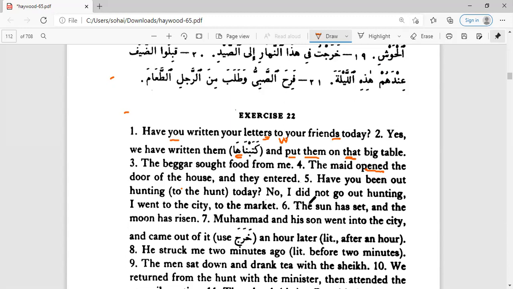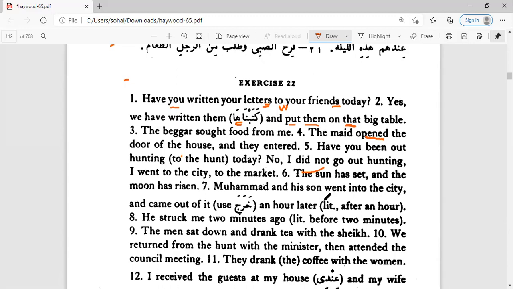We mentioned that in the past tense, if you put ma before it, it could usually mean not, did not. So ma kharajtu, I did not go out hunting. Then I went to, this is not go out, this is went. So went is ذهب to the city, into the market.